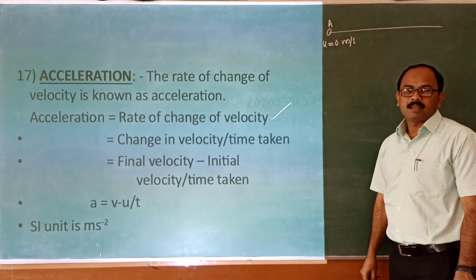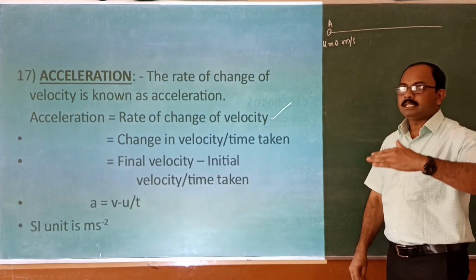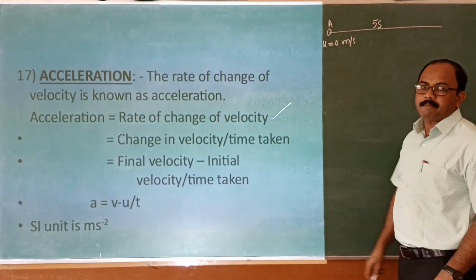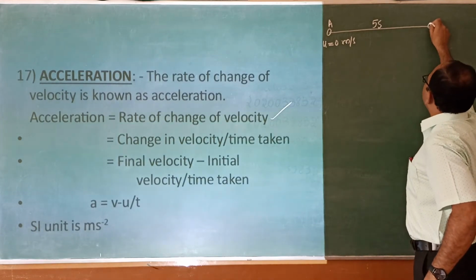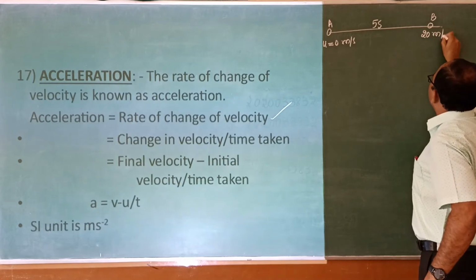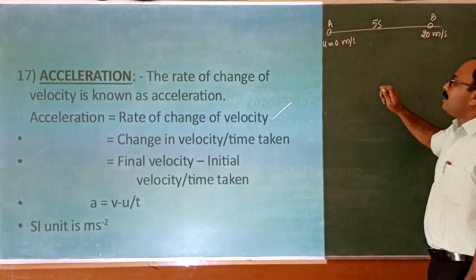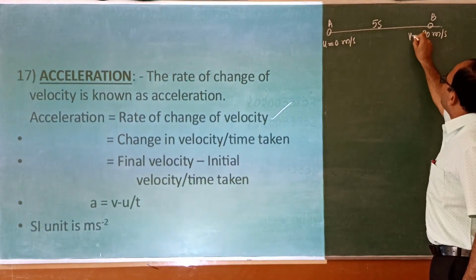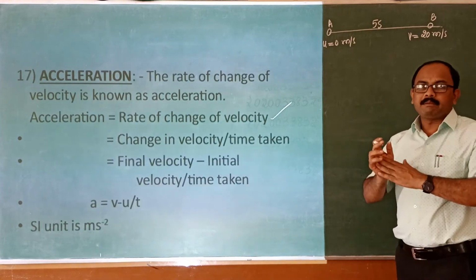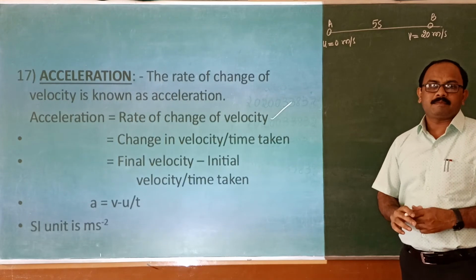Slowly it moves. Then, after 5 seconds, it reaches the velocity of 20 meter per second. We call this the final velocity. So, with the help of this, you'll be in a better position to understand this.